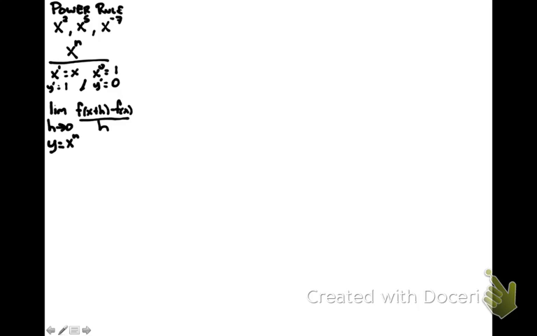So when we substitute, we'll have the limit as h goes to 0 of x plus h to the n minus x to the n over h.